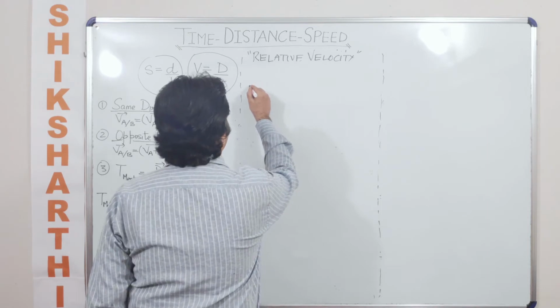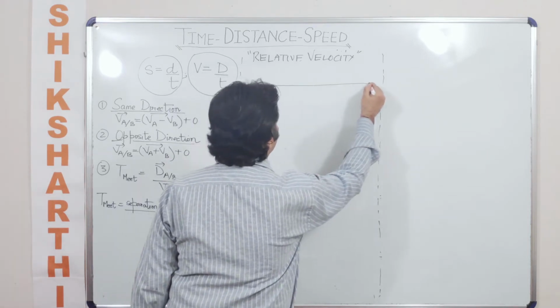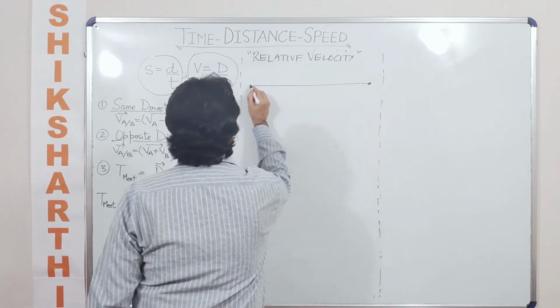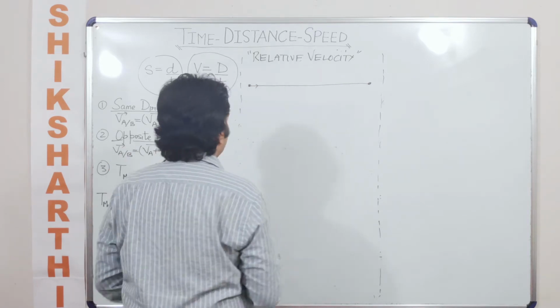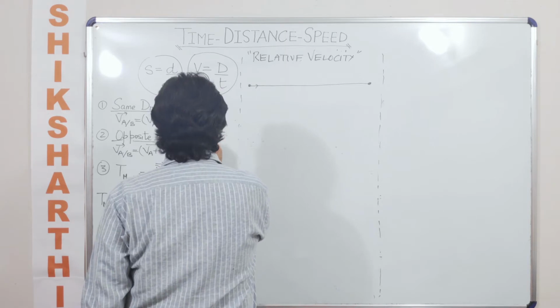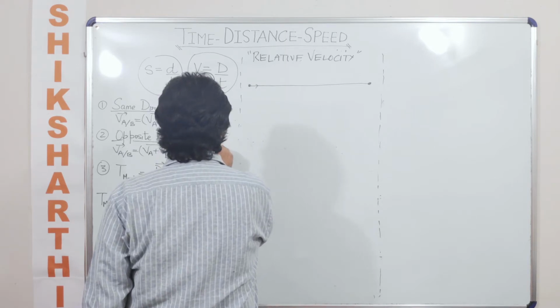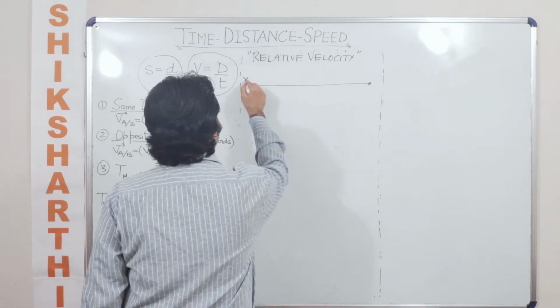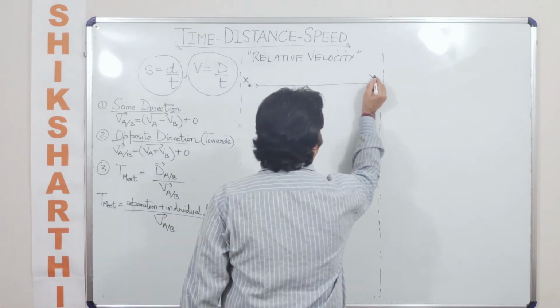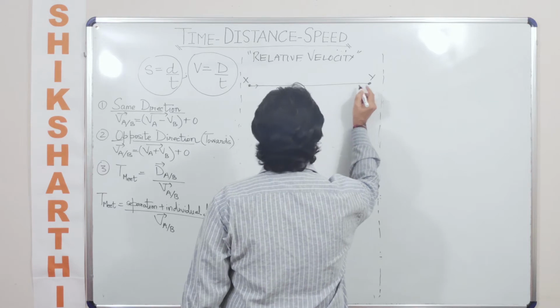So what we are taking here is, let us say that there are two individuals moving in the opposite direction, and here when I say opposite, I am talking about moving towards each other. So let's say this is a point X and this is a point Y, and these are their destination points.